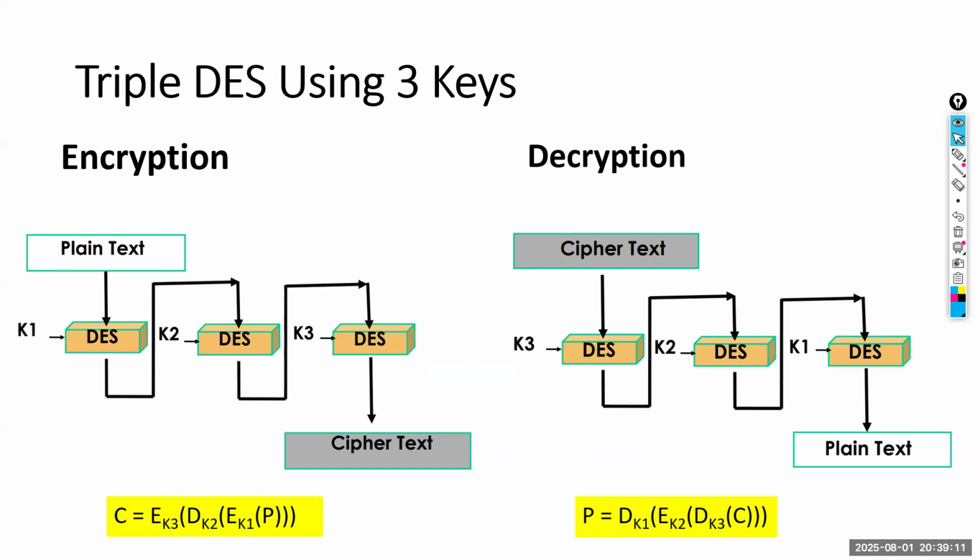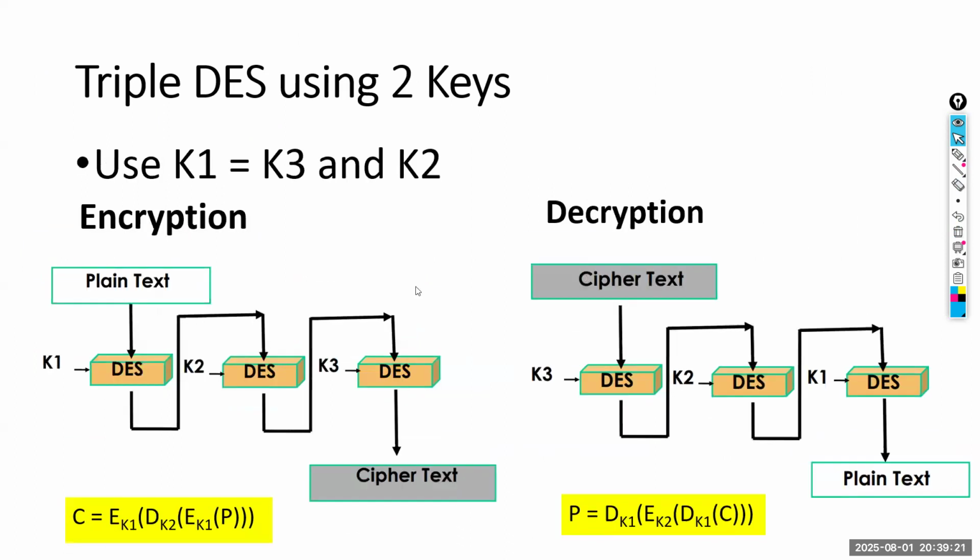Similarly, we can do triple DES using two different keys also. Rather than K1, K2, K3, we just need K1 and K2. So this is how you do it. Now we have K1, K2, and K3 is same as K1.